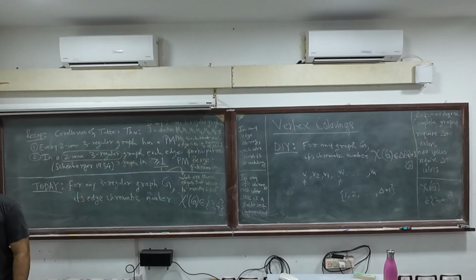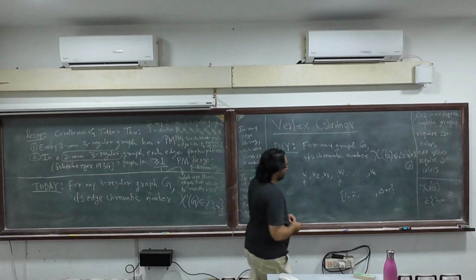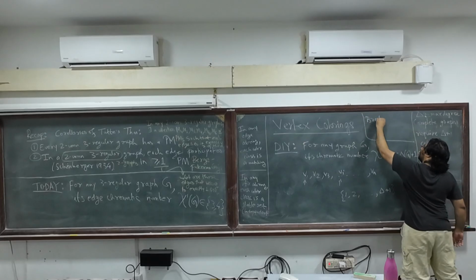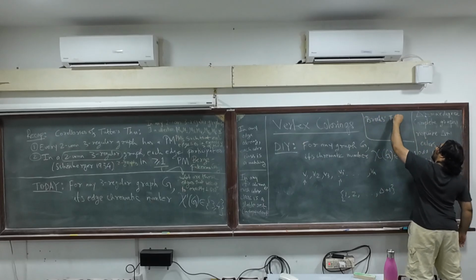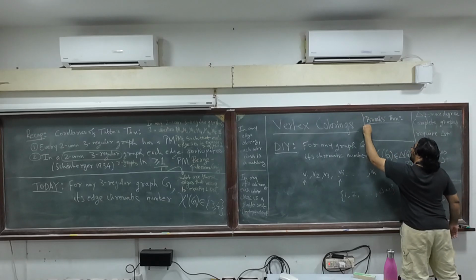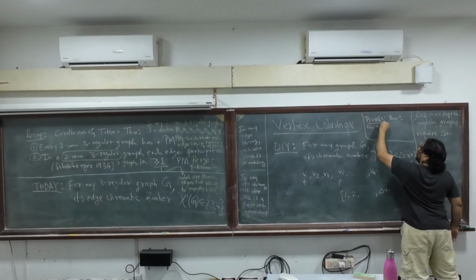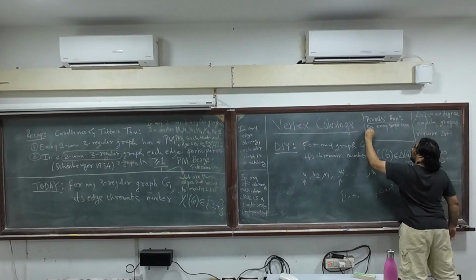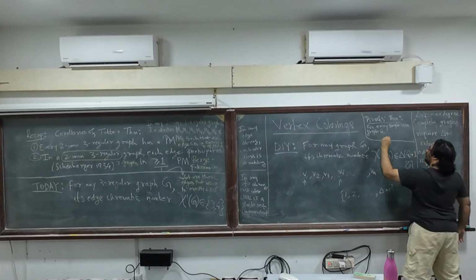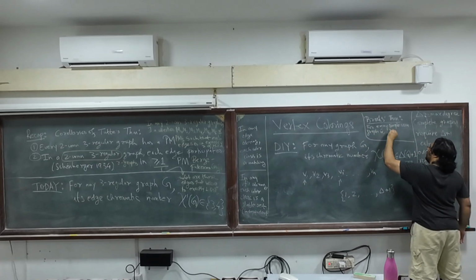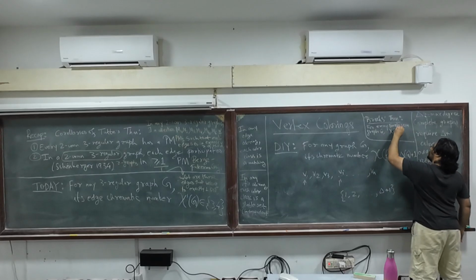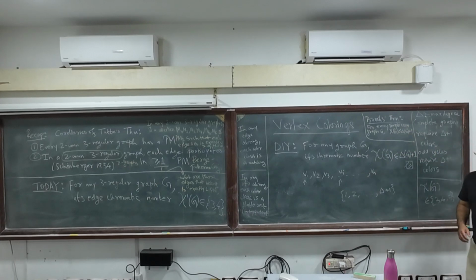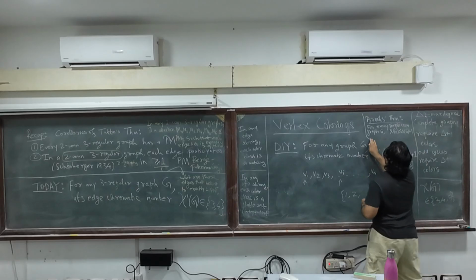If it's not connected, then you can think about it. So what we will prove, not heuristic, we will prove this result called Brooks Theorem. For every simple connected graph, the chromatic number is at most delta plus 1, and equality holds if and only if the graph is a complete graph or an odd cycle.